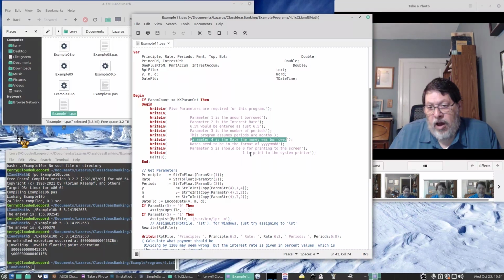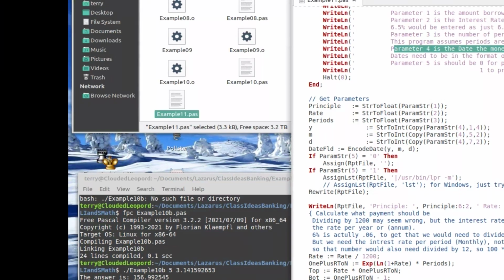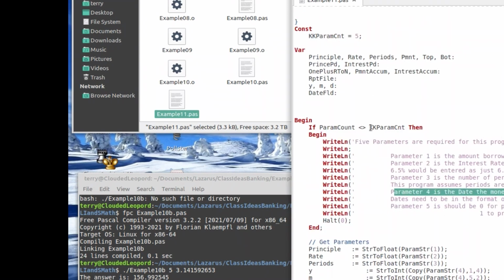And finally, parameter 5 is 0 to print to the screen, 1 to print to the system printer. To make this a little easier to understand, I have done the top part of the formula as one variable, the bottom part as another variable.